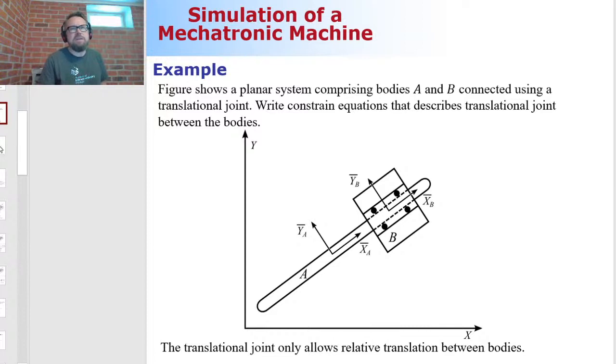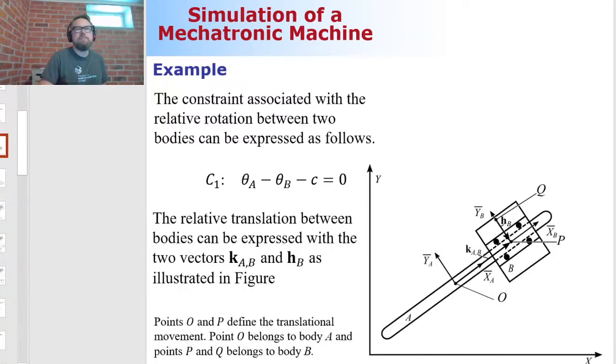Okay, so let's take a look at how we can connect the body B, a box-like body, to body A, which is a beam-like body, such that there is a translational joint. I have two parts in my constraint equations.